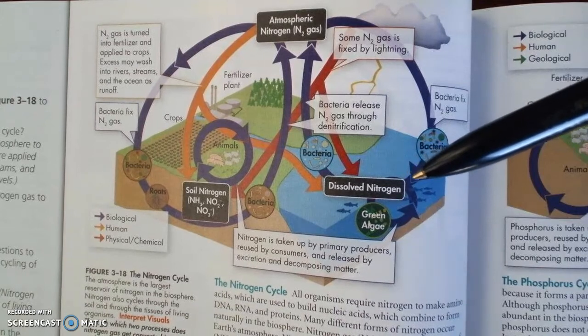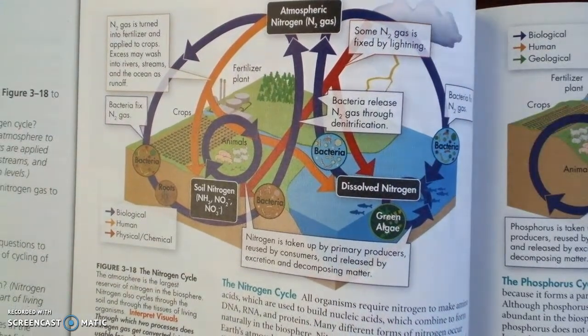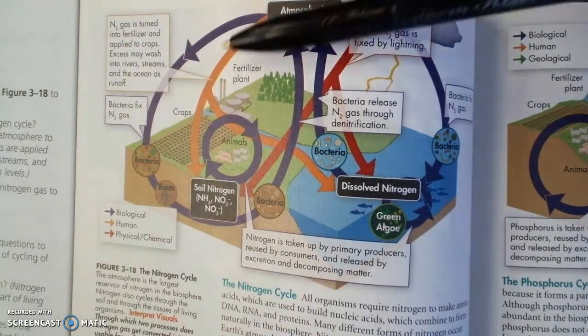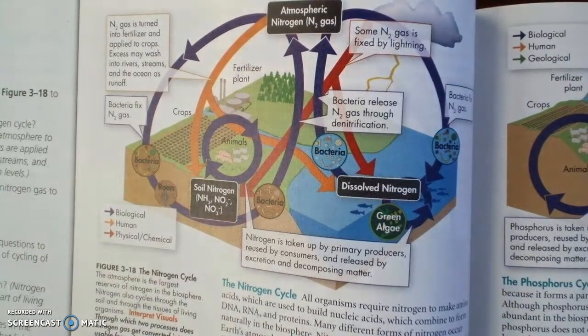Okay, so that is the nitrogen cycle, and I'm going to leave you with this. Nutrients do not get used up. There's a certain number of nitrogen atoms present in the biosphere, and those atoms simply cycle around our planet and never get used up.